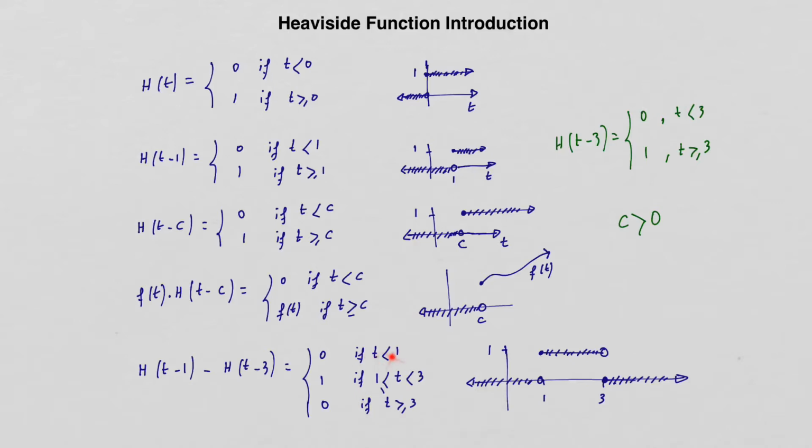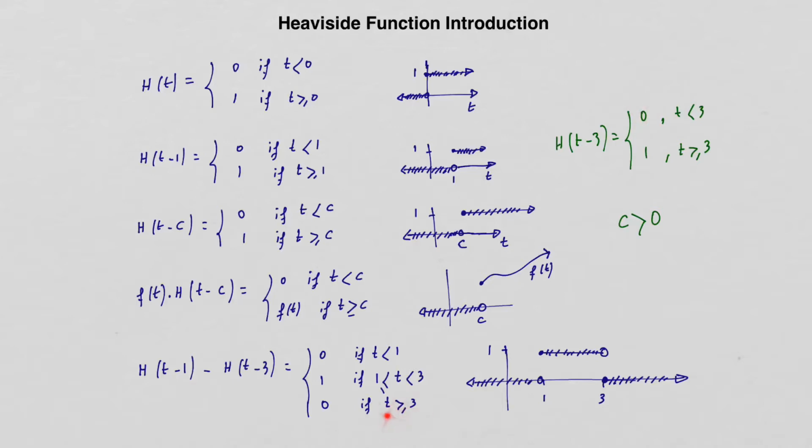Now, when t is less than 1, h of t minus 1 is 0, and h of t minus 3 is also 0. So 0 minus 0 gives me 0. When t is between 1 and 3, it's clearly more than 1 but less than 3, so you get 1 minus 0.